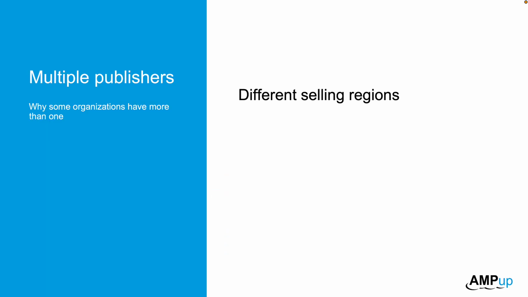And there are various reasons that include selling in different locales or regions around the world, maybe. Also, some organizations find that there is a clean separation of their products and services when using multiple publishers. That's not to say that you need multiple publishers if you have multiple products or offers, but some organizations, typically larger ones, find value in dividing things up this way.